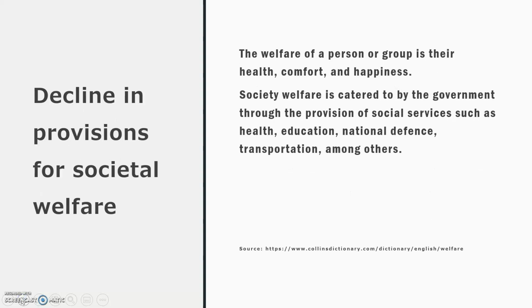It could also result in a decline in the provisions for societal welfare. And we know that there are social services in an economy that are financed by the government. And the government is able to pay for these social services based on the income generated from tax.